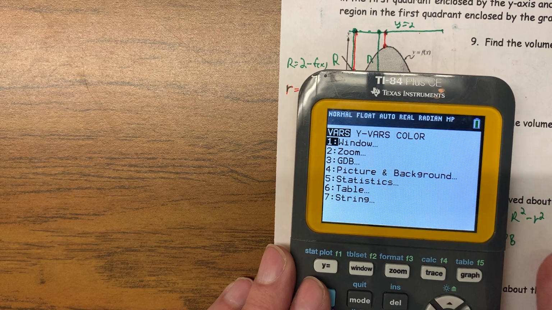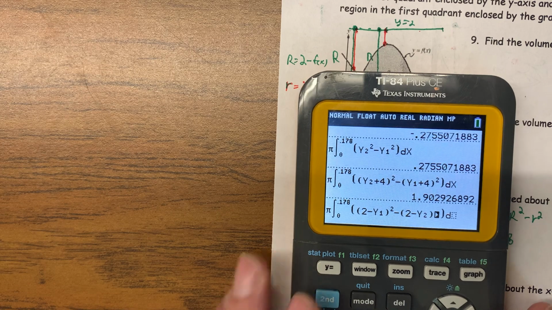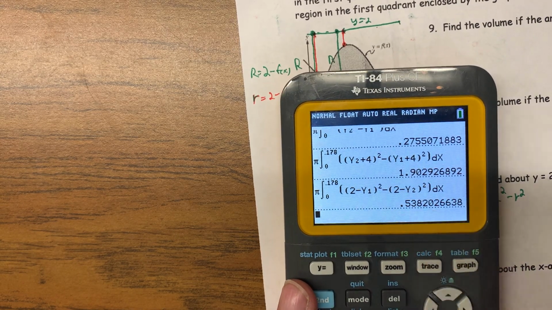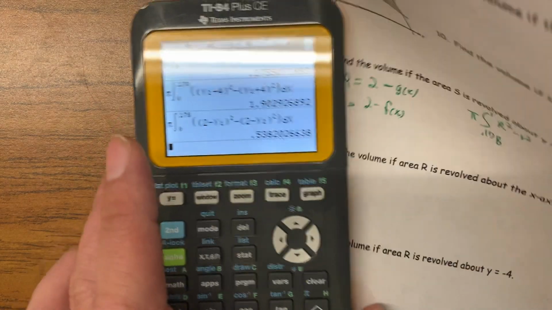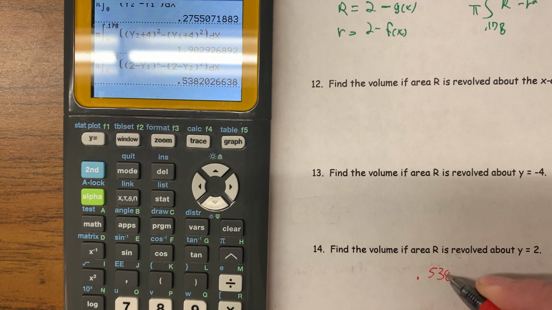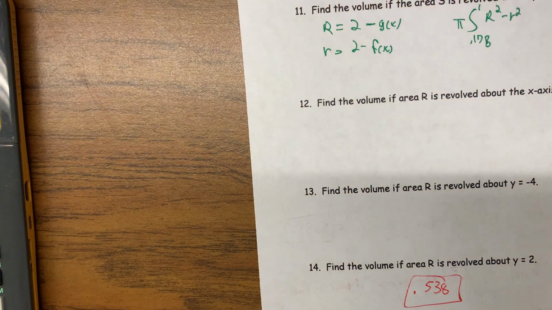And if I choose y1 and y2 wrong, I'll just switch it on my paper, dx. Came out positive, so I did it the right way. So 0.538.